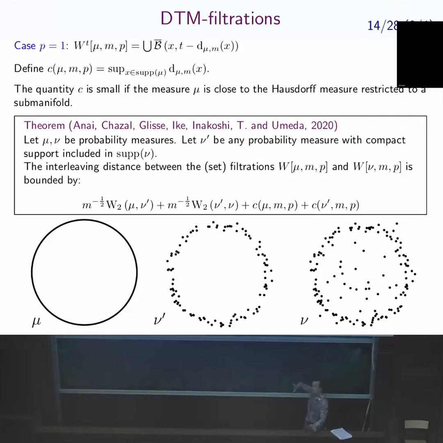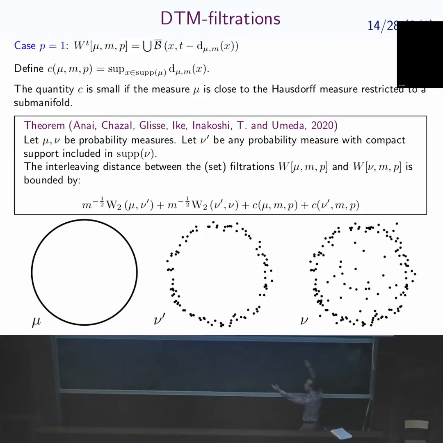Then the interleaving distance between the DTM filtrations W mu and W nu is bounded by this sum. So if you want this sum to be small, you will choose nu prime such that nu prime is close to mu and nu in Wasserstein distance, and such that C of nu prime is small.